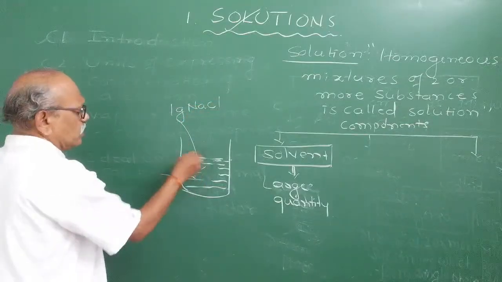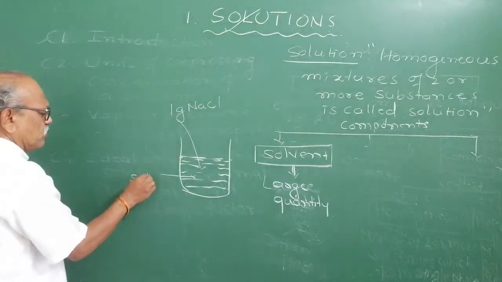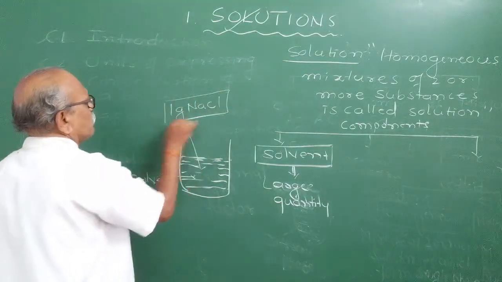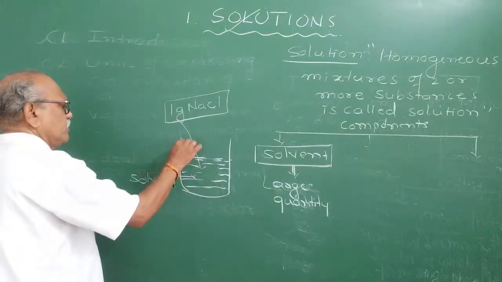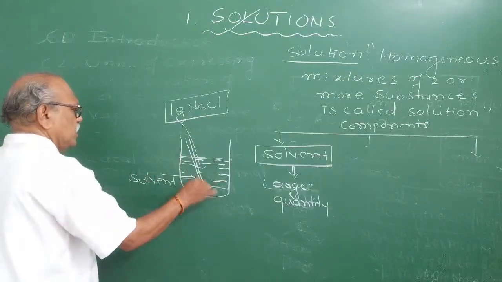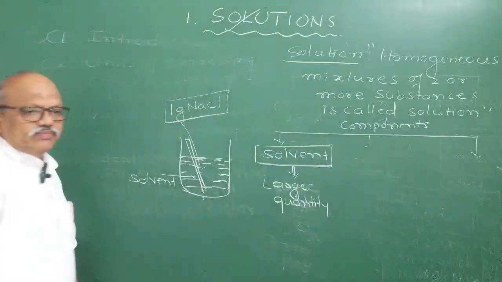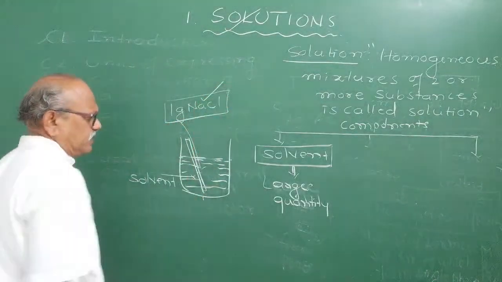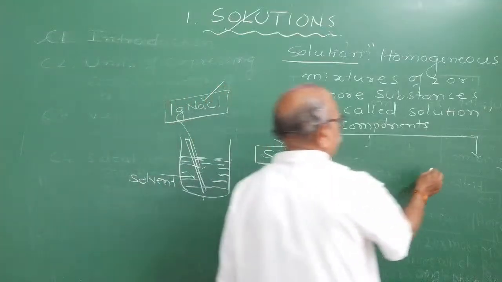Here the water is called the solvent because it is taken in large quantity. You dissolve the 1 gram of sodium chloride in it, shake it well with a glass rod, and you get a solution. The component which is taken in small quantity is called a solute.